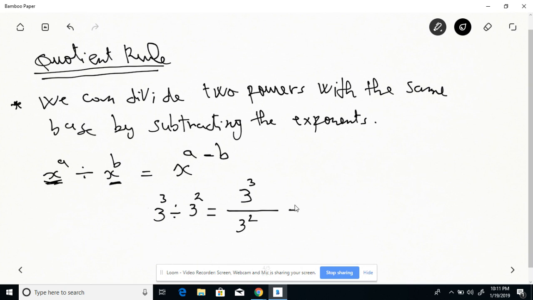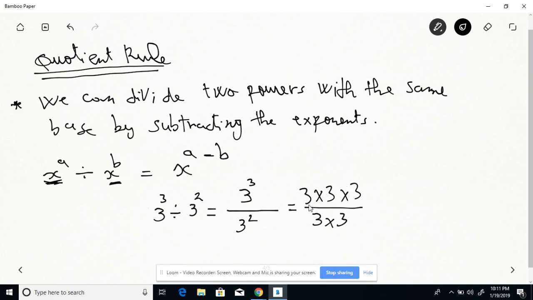We have the same base, we subtract the exponents. 3 to 3 means 3 times 3 times 3, and 3 to 2 is 3 times 3.